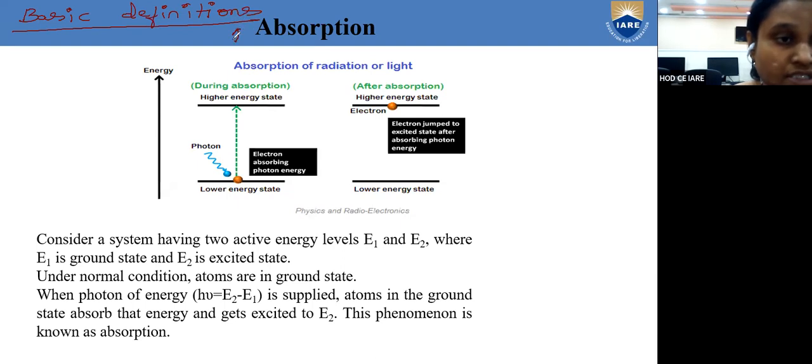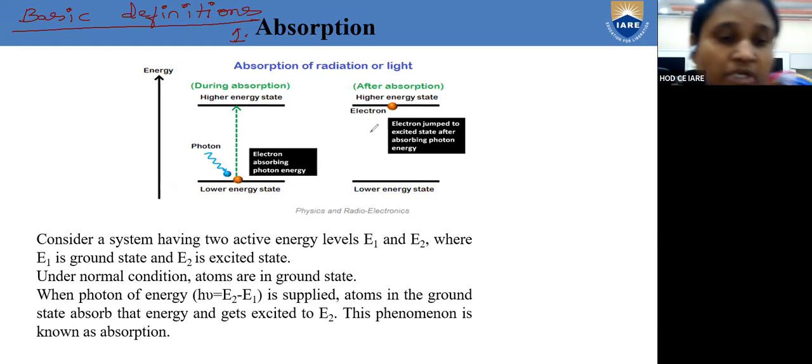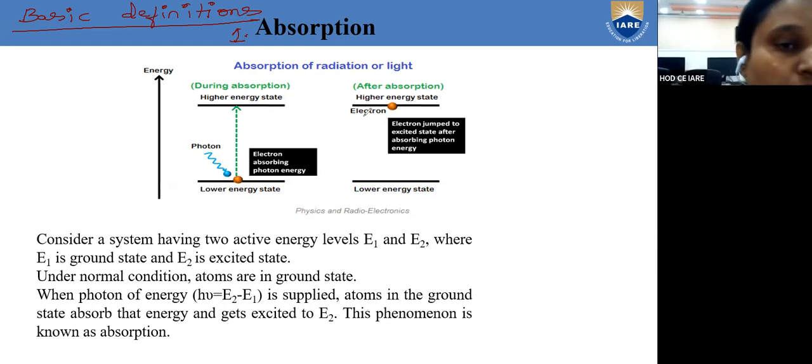The first definition is about absorption. What is absorption? Look at the figure given here and tell me what is the process of absorption. I have given two figures here. This is the first and this is the second figure. This is during absorption, this is after absorption. Look at these figures and tell me what is the phenomenon of absorption.